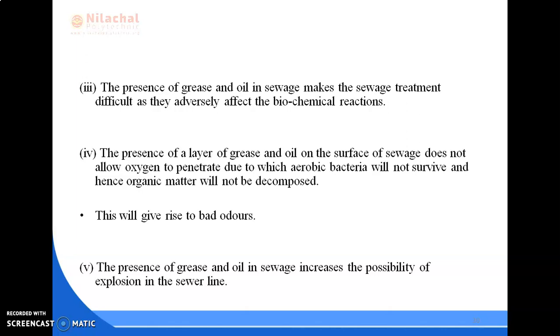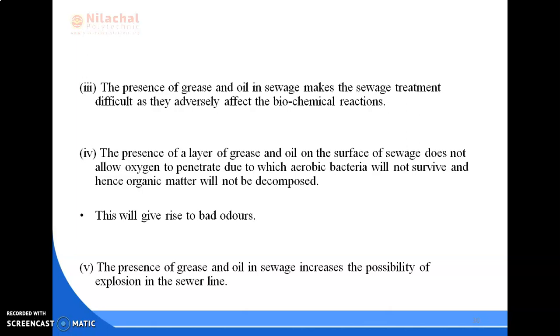So this will give rise to bad odors. Also, if the oil sticks with the sewage or wastage, they do not decompose the matter, so that foul odors are created and the environment is also polluted.